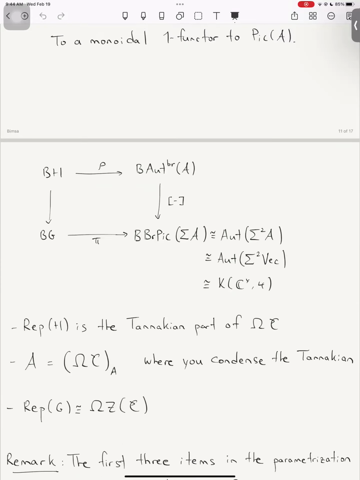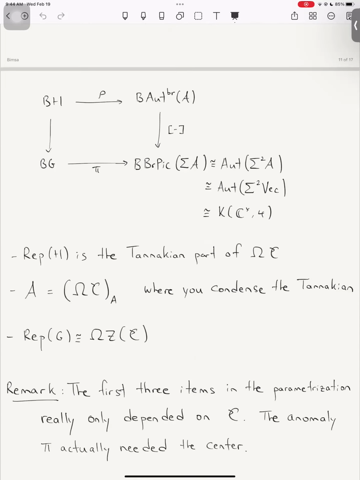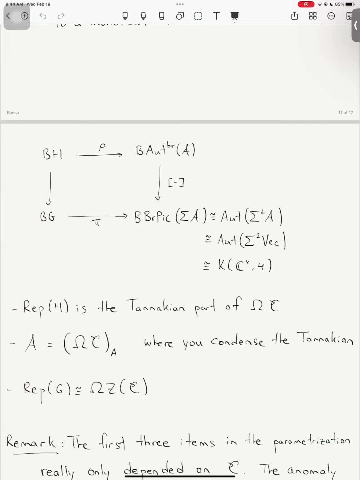And I just wanted to mention a couple of examples, I guess. You can consider many different situations where, suppose Rep H was the Tannakian part of this, or you could consider the braided fusion 1 category as coming out of condensing some sort of Tannakian part of this guy, then you could get different types of fusion 2 categories.